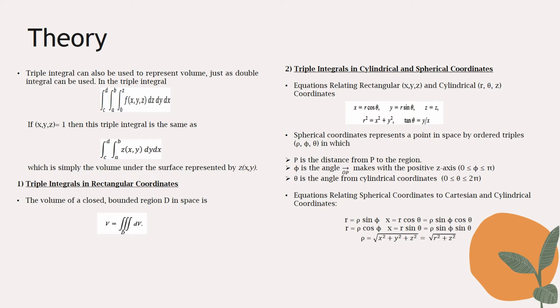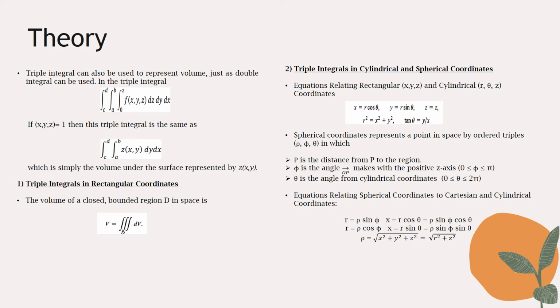Second, triple integral in cylindrical and spherical coordinates. Equations relating rectangular x, y, z and cylindrical r, theta, z coordinates: x equal to r cos theta, y equal to r sin theta, z equal to z, r squared equal to x squared plus y squared, tangent theta equal to y over x.